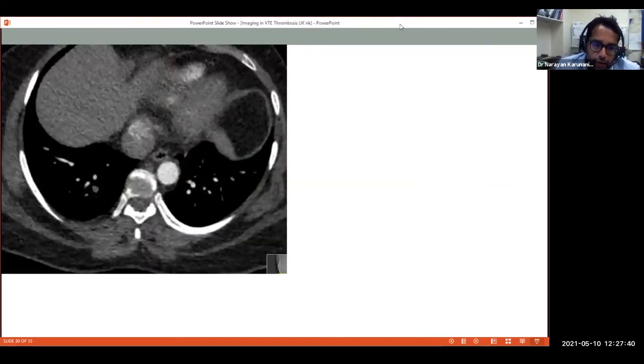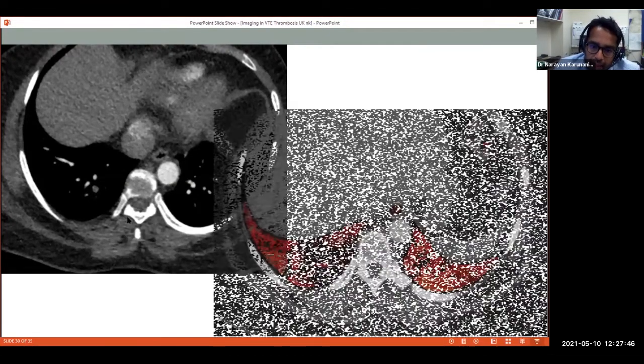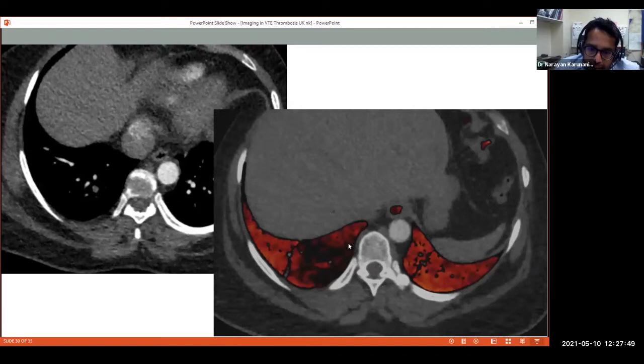This is a patient with a segmental thrombus within the pulmonary artery, which, when we did the iodine map, shows up as an area of reduced perfusion on this dual energy CT scan.